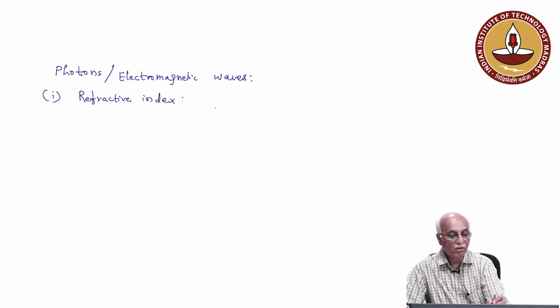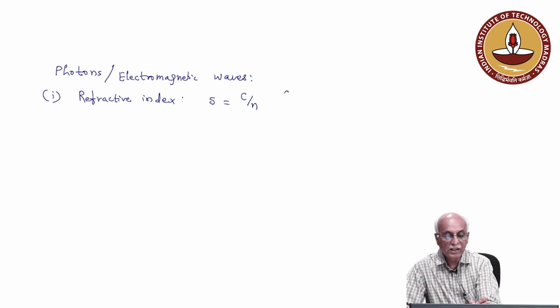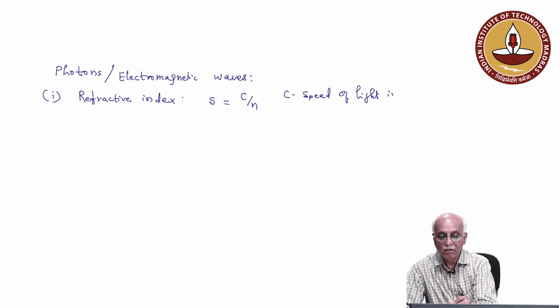That speed of light, let's say S, is equal to C by N, where C is the speed of light in vacuum or in free space, approximately 3 into 10 raised to 8 meter per second, and N is the refractive index of the material.